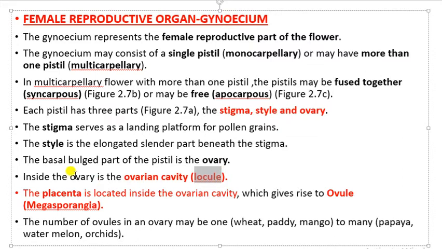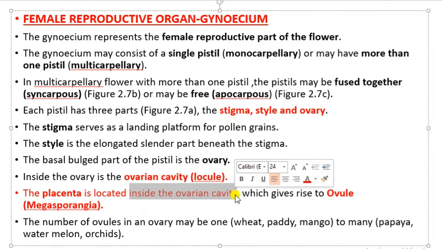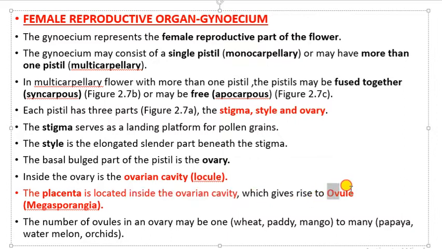Placenta is located inside this ovarian cavity, and this placenta gives rise to the ovule, which is also known as megasporangium.